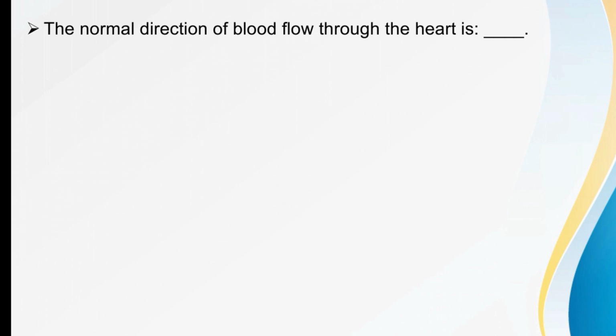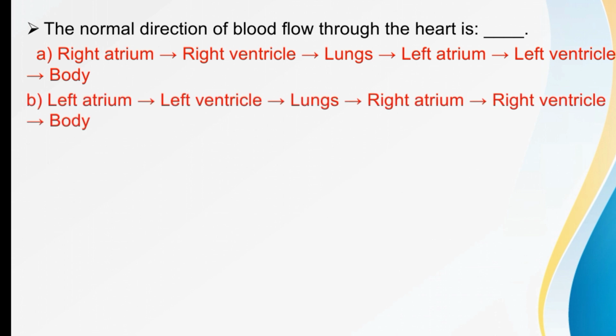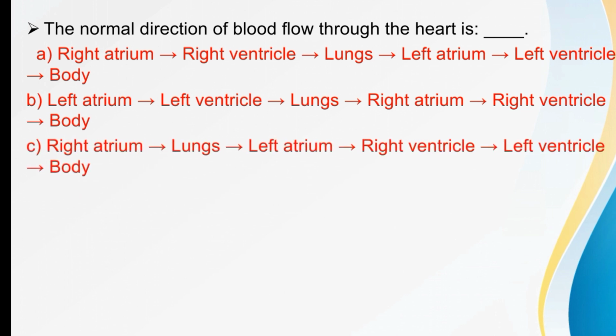The normal direction of blood flow through the heart is dash. Right atrium, right ventricle, lungs, left atrium, left ventricle, body. Or left atrium, left ventricle, lungs, right atrium, right ventricle, body. Or right atrium to lungs to left atrium, then right ventricle, then left ventricle, and body.